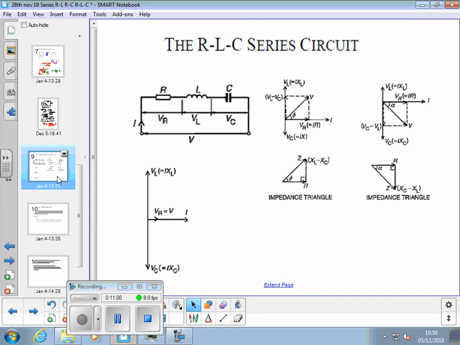Right. So what happens when we bring everything together? So, RLC series circuit. What happens now is we end up with a single current there, a VR in phase with that single current.